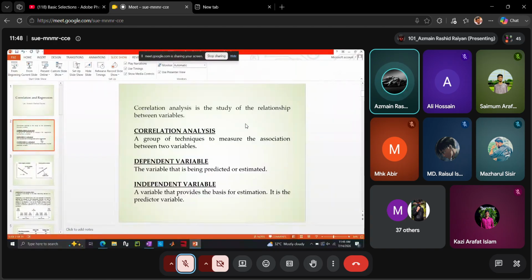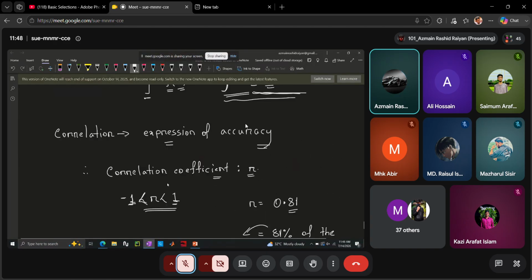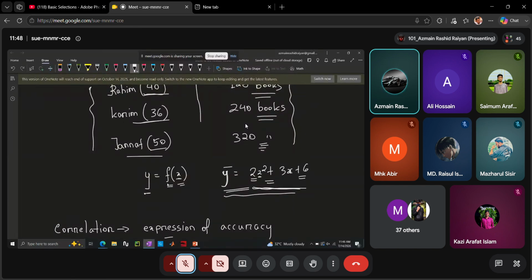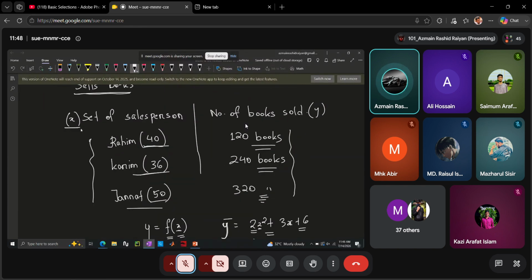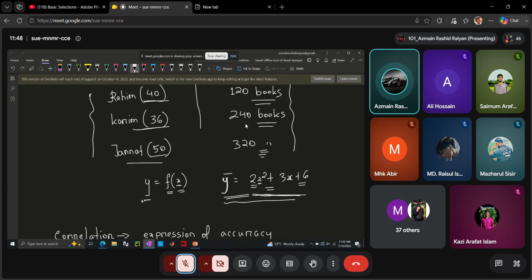So let's go back to our write-ups. In this expression, our x is actually the independent variable. It can vary independently, while the y variable is actually the dependent variable. As we are writing y as a function of x, we can say that y is the dependent variable and x is the independent variable, which means it can be varied independently.